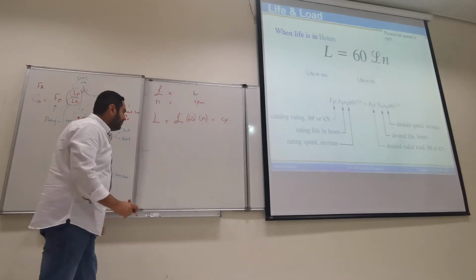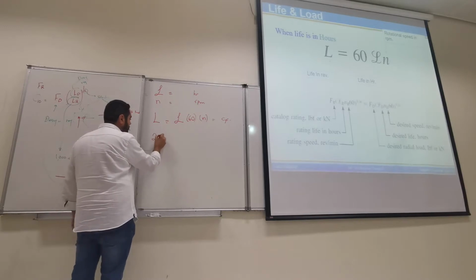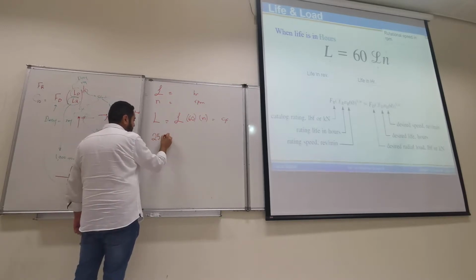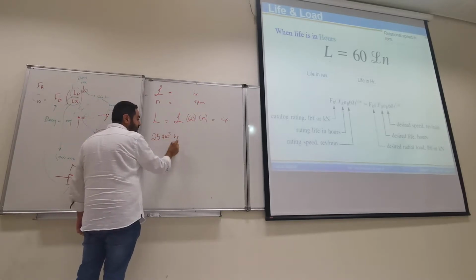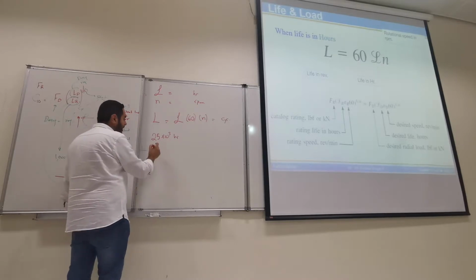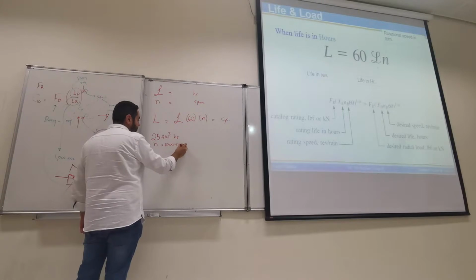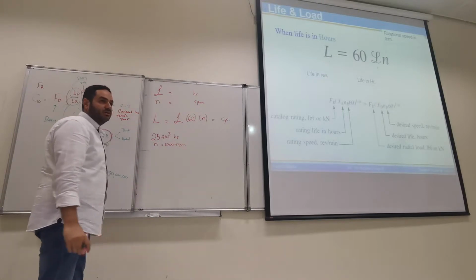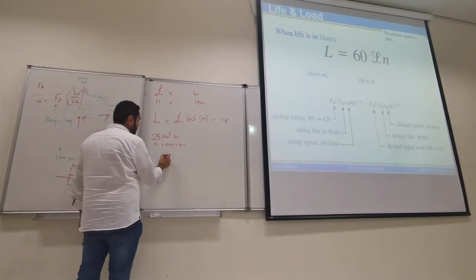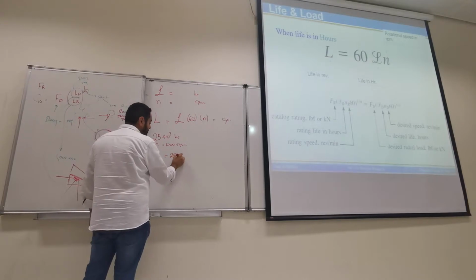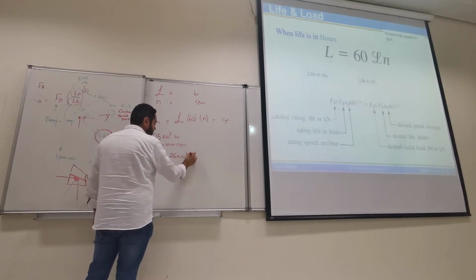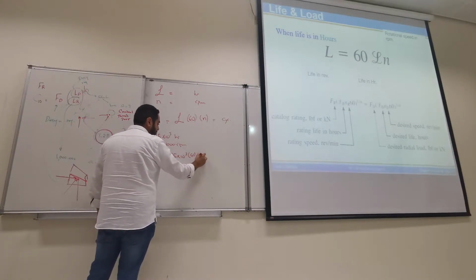So a simple example: imagine that you want your machine to live for 25,000 hours, and your speed is 1,000 RPM. How many cycles do you need to make? Can anybody calculate that? So 25 times 10 to the power of 3, times 60, times 1,000.